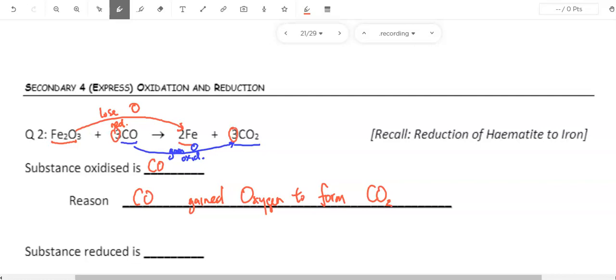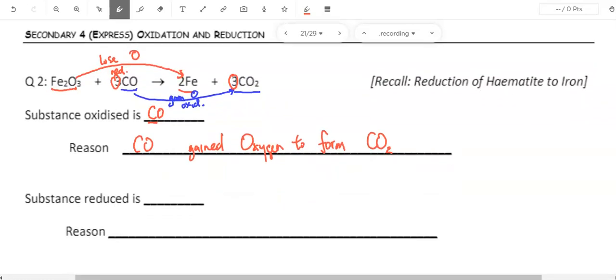Okay, the stoichiometry number I didn't include over here, because that's mainly used in your mole calculation and in your balancing equation. However, when you're writing this, you realize that we will exclude the balancing numbers. So the substance oxidized is the substance itself without the balancing number, the stoichiometry number. Just take note of that. The substance that's reduced is actually Fe2O3. Why is it Fe2O3?